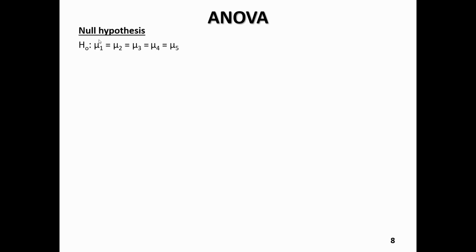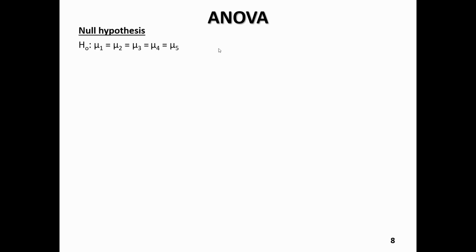In other words, the average of the first group, which are the basketball players, will be equal to the average for the second group, and the third group, and the fourth, and the fifth, and so on and so forth. If the results confirm that, then we would conclude that there were no statistically significant differences among those 5 groups.